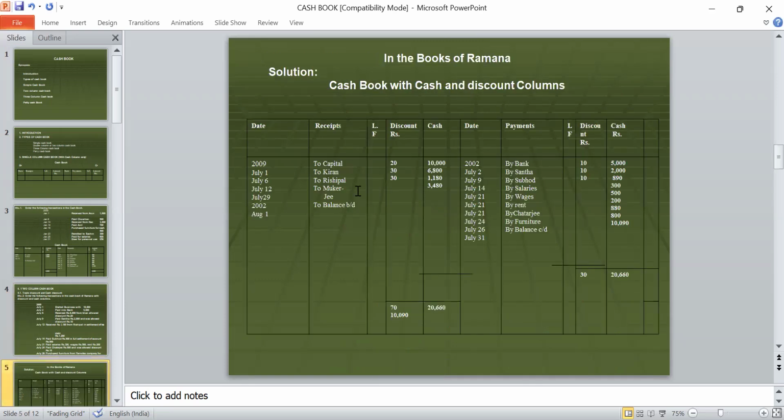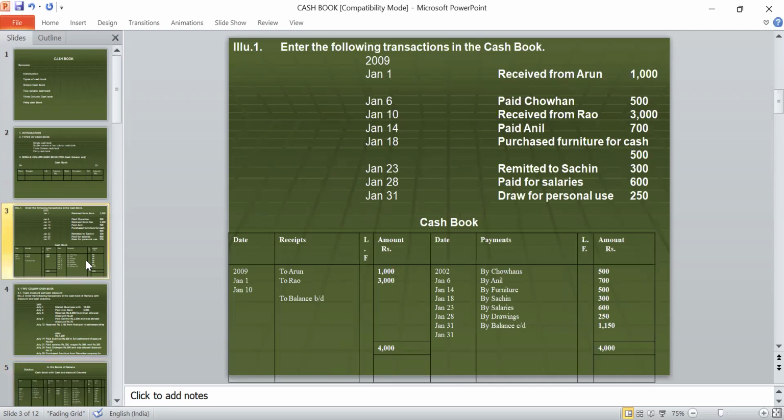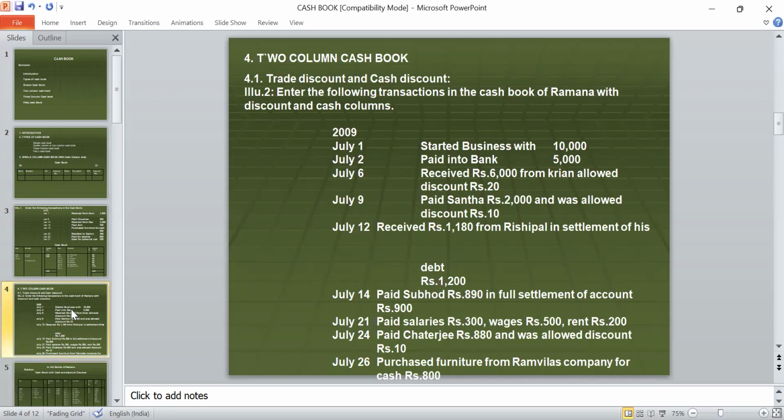Come to receipt side, to Kiran. In the cash column, enter the amount received from Kiran, 6,000 rupees, and in the discount column enter 20 rupees.